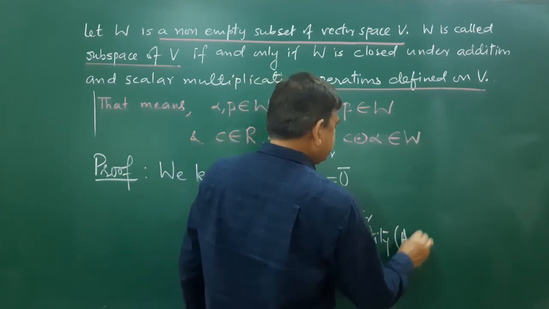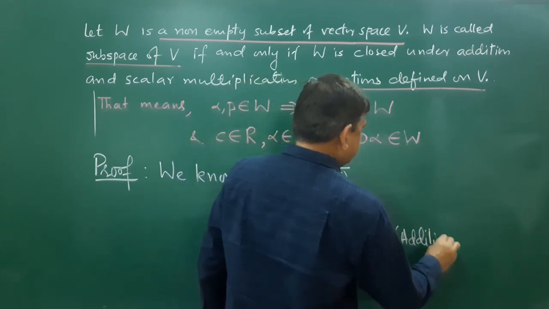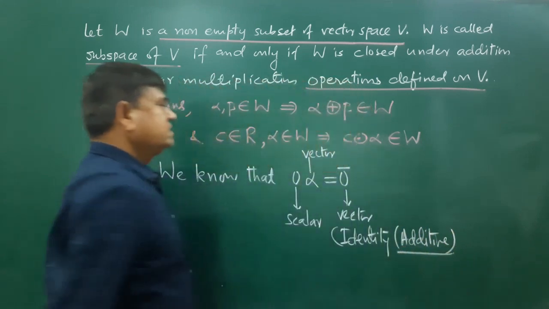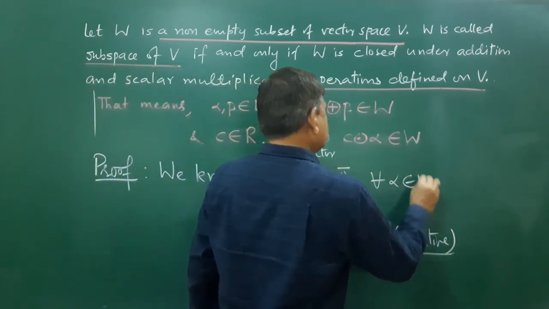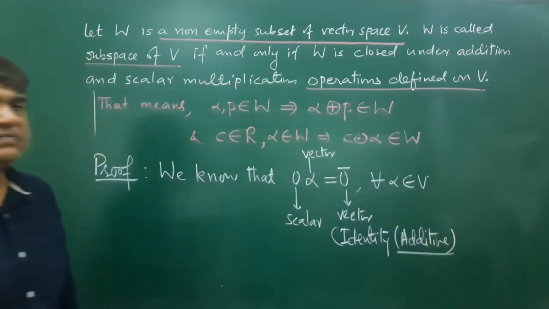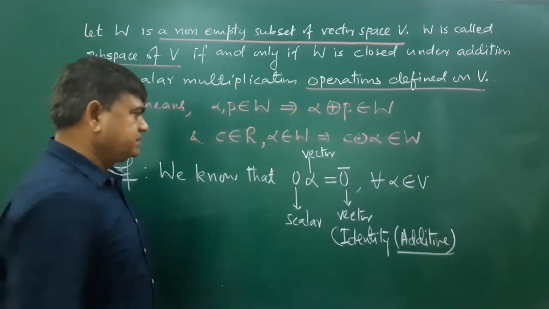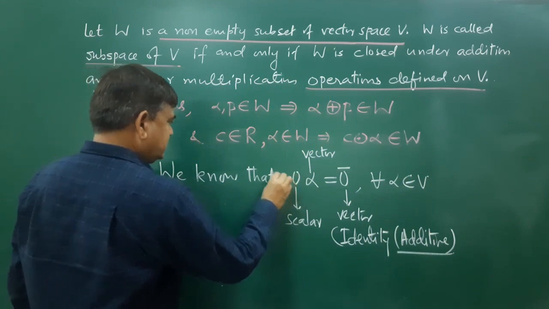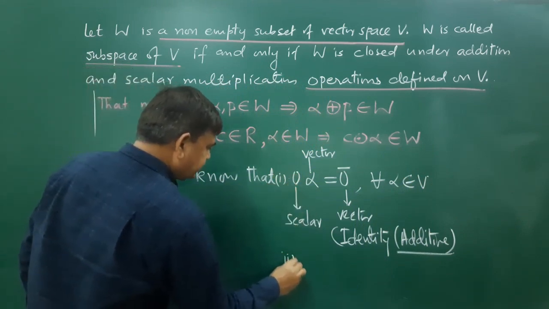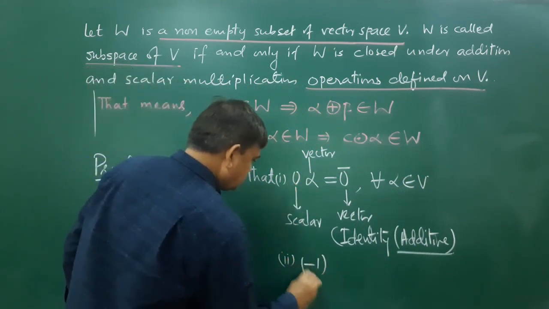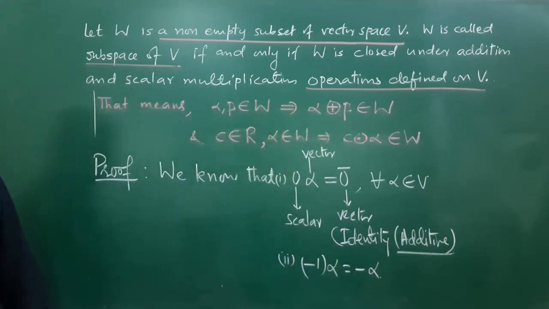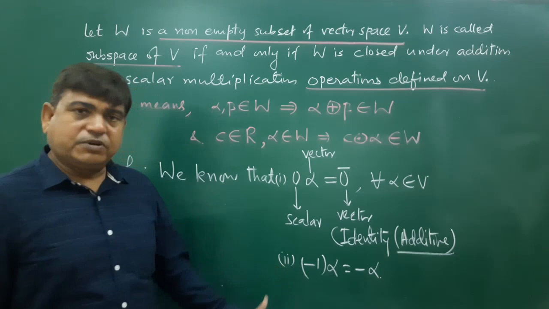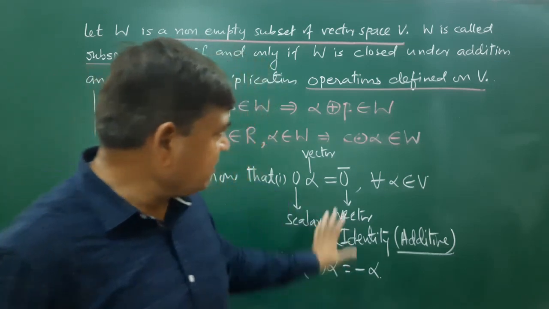Which type of identity? Additive identity. For all alpha belongs to V. We know this property and this property. We have already proved them. So we will use this property.